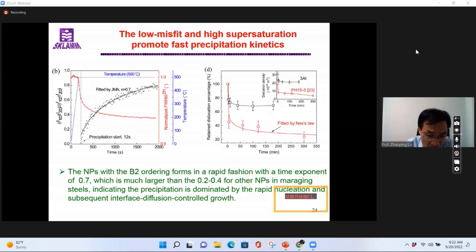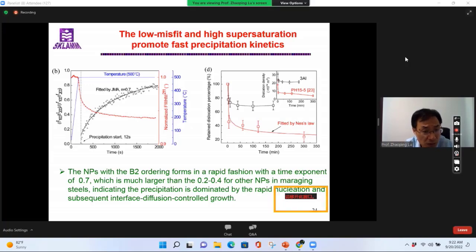The Avrami exponent n equals 0.7, which is much larger than that of other precipitation-strengthened steels, usually 0.2 to 0.4. It indicates that the precipitation is dominated by rapid nucleation and interface-diffusion-controlled growth. It's really quick.